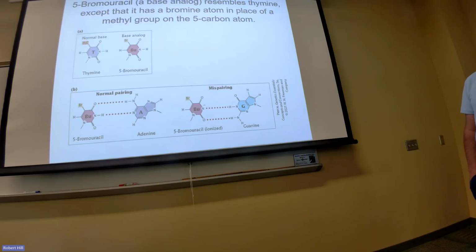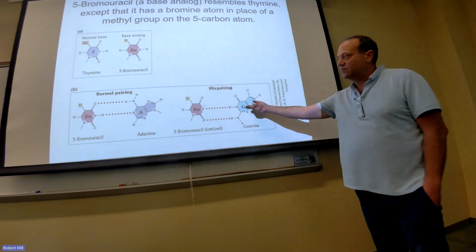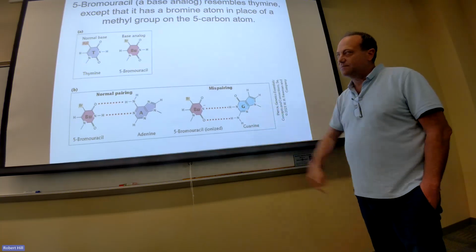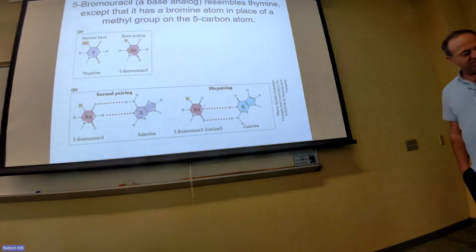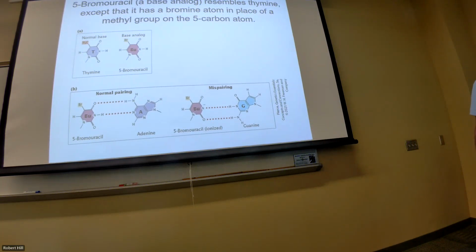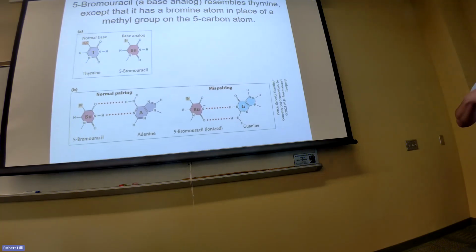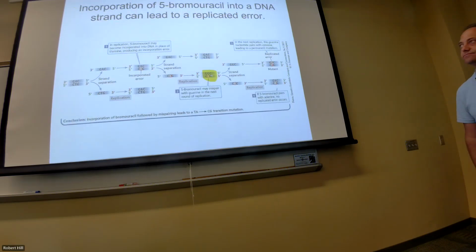So this nucleotide will mispair, because when it gets incorporated into the DNA and DNA polymerase reads it, it will stick a G on the other side. That's the actual mispairing. Eventually the 5-bromouracil gets lost, but the mutation remains in that initial piece of DNA.